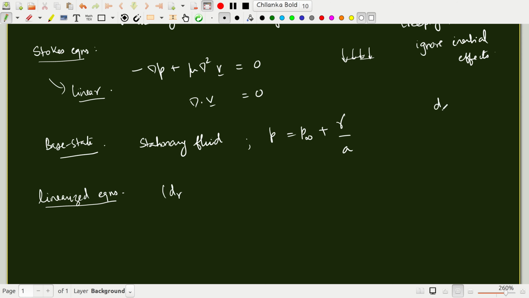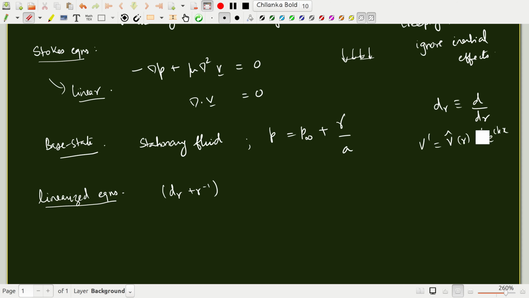So the linearized equations, the continuity equation. I'm going to use shorthand notation, and I'm going to use normal modes, so any velocity is denoted as e to the st, e to the ikx.